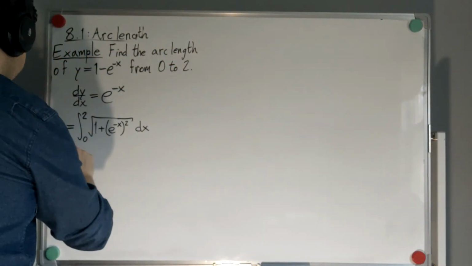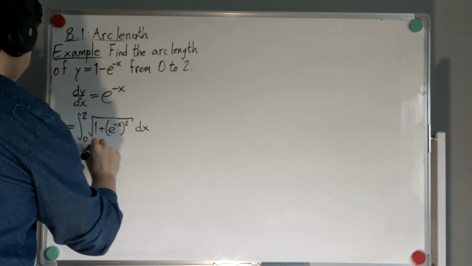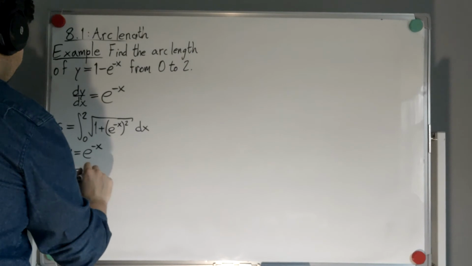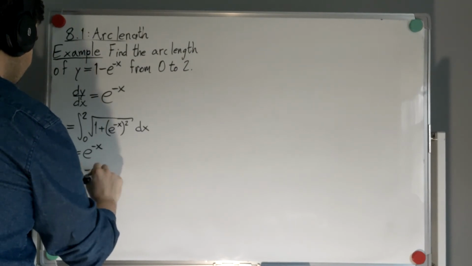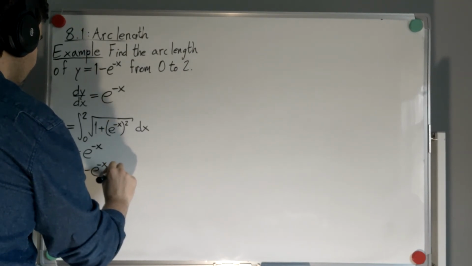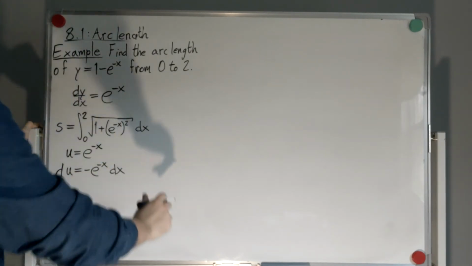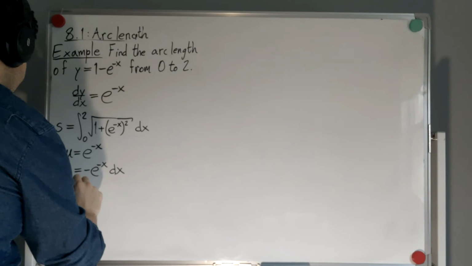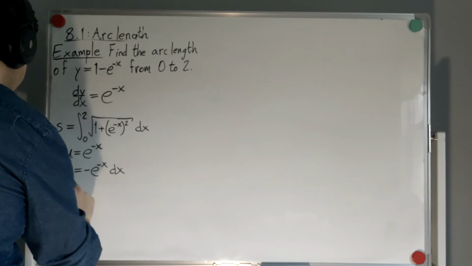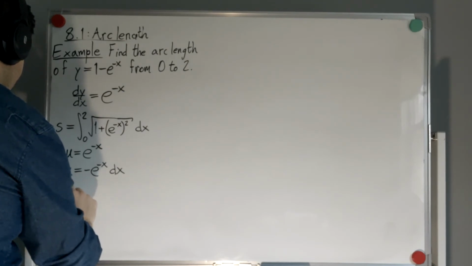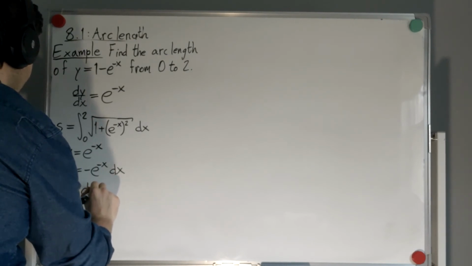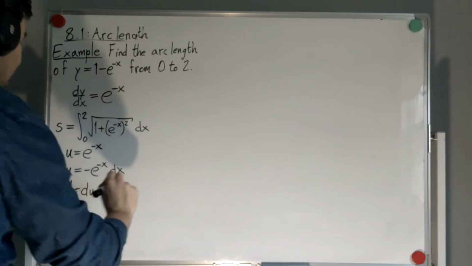What you have to do is a u substitution first. You say u equals e to the negative x, then du equals negative e to the negative x dx. And by the way, that can be rewritten as negative 1 over e to the negative x du equals dx.